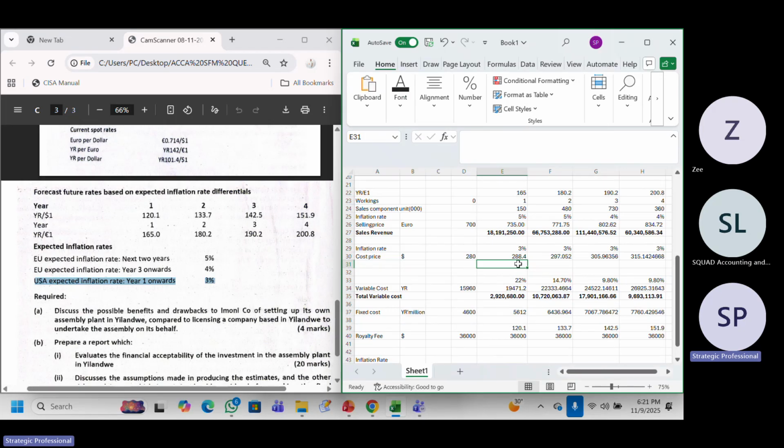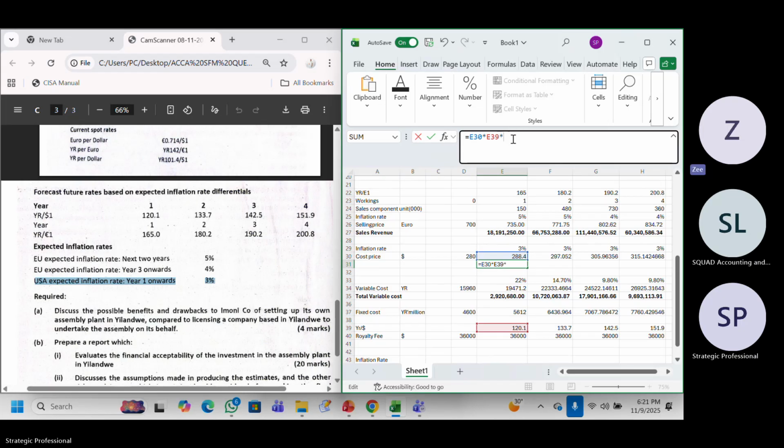And dollar to yen, they already told us, we have the exchange rate here. So we can just come here and sort this guy out, and we multiply it by the units, which is 150.